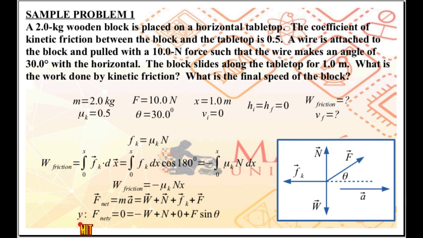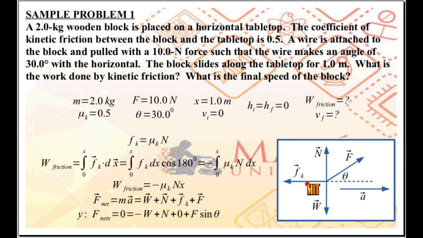So we go to the y component. Y component of F net is F net y. Y component of Fk is horizontal, no y component. Weight is vertical, negative direction. Normal force is vertical, positive direction. So you have minus W plus N.